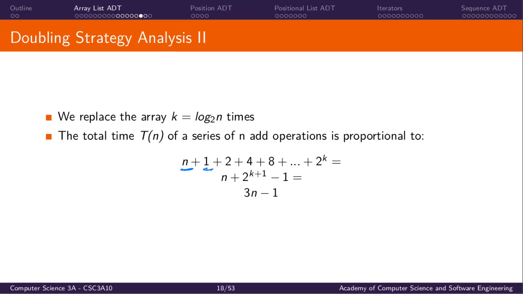And the next time, when it's about to be full, we're going to copy 2 elements over to the new array, then 4 elements over to the new array when that one's going to be full, then 8 elements, and so on. We do this how many times? Well, we'll have to do this number of times that we have to double from 1 up to some number that we can now fit in n elements.